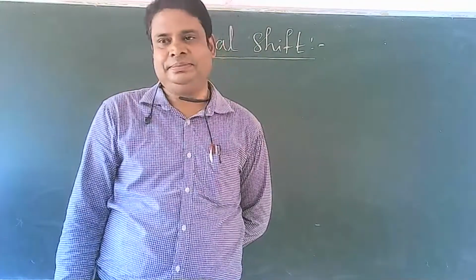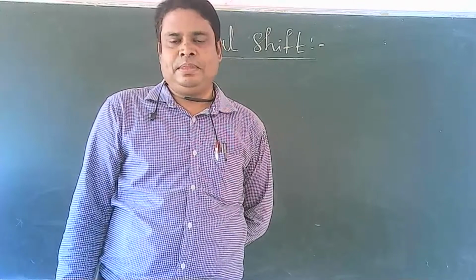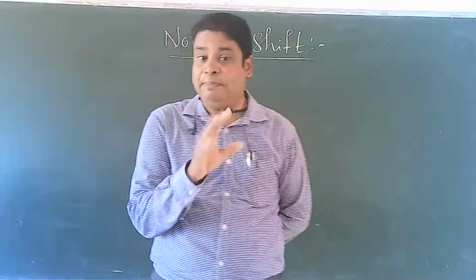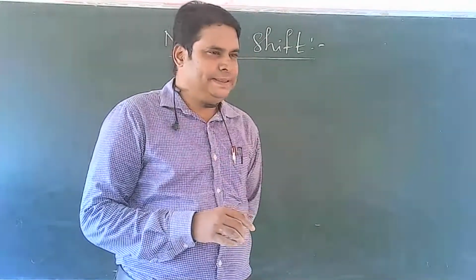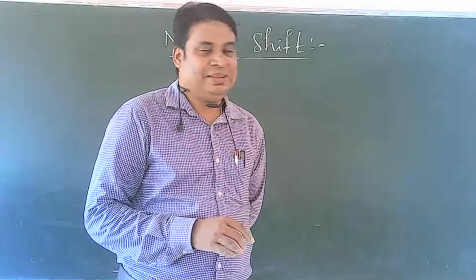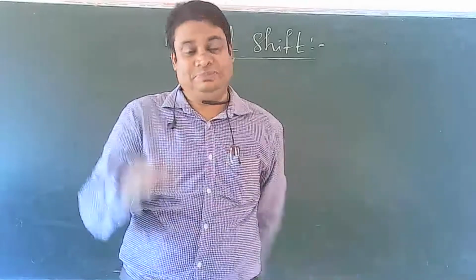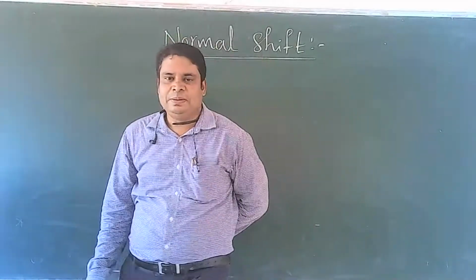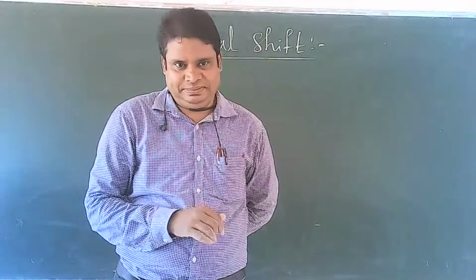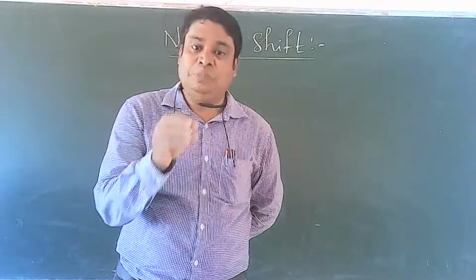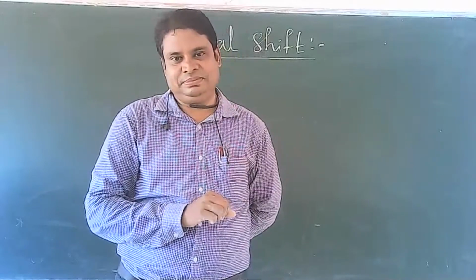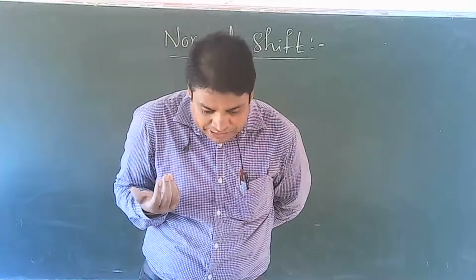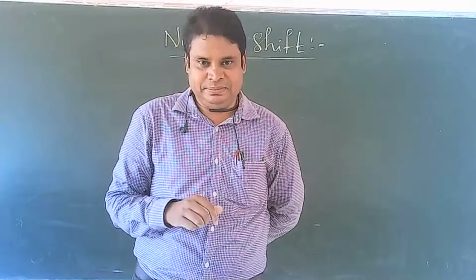What is normal shift then? It is an apparent shift, not actual, apparent. It is an apparent shift in the position of an object which is placed in one medium and viewed from another medium normally.